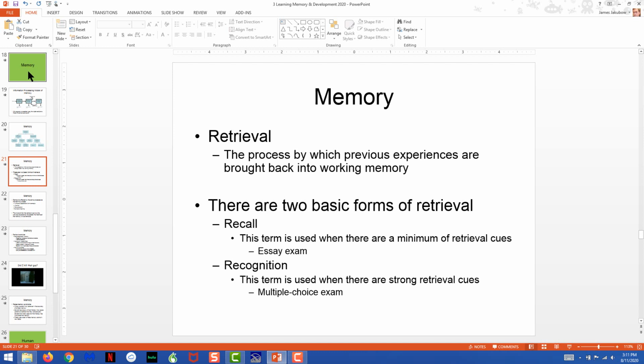And recall very commonly is described in terms of essay exams, right? So if I give you an essay exam for all the material we're learning in the MCAT, and the essay exam had one question on it. And that one question was, tell me everything you learned in the MCAT section. Nothing else.